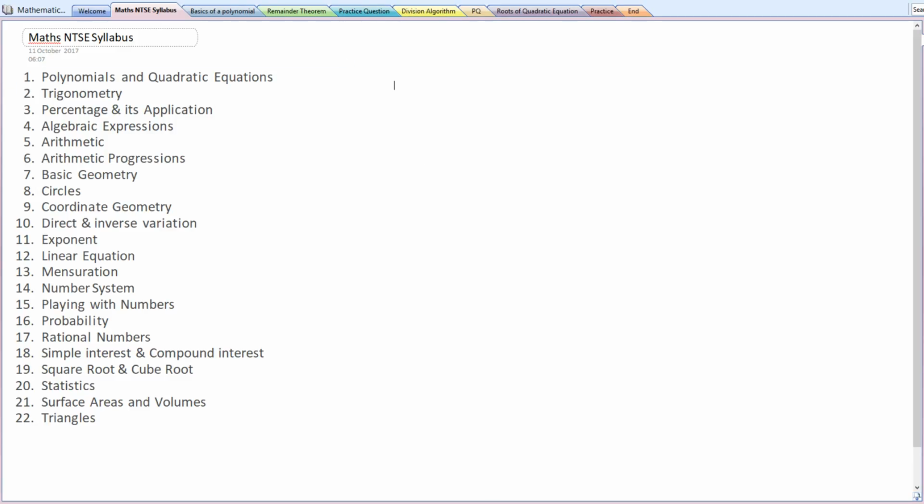So polynomials, AP, probability, square root, and surface area and volume.